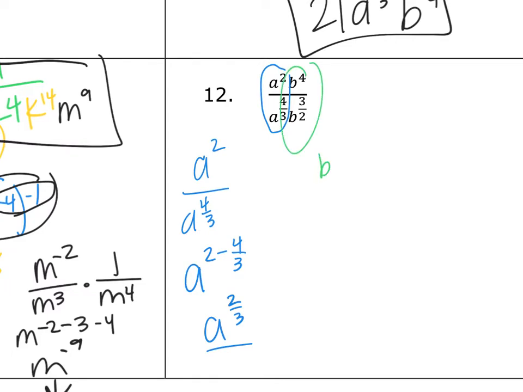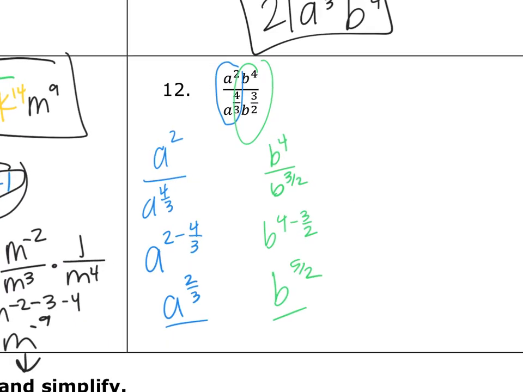And my b's, I have 4 on the top, and I'm taking away 3/2. And so I get b to the 5/2, and it's positive, so it stays on the top. So I have a to the 2/3 and b to the 5/2. Oh, cute.